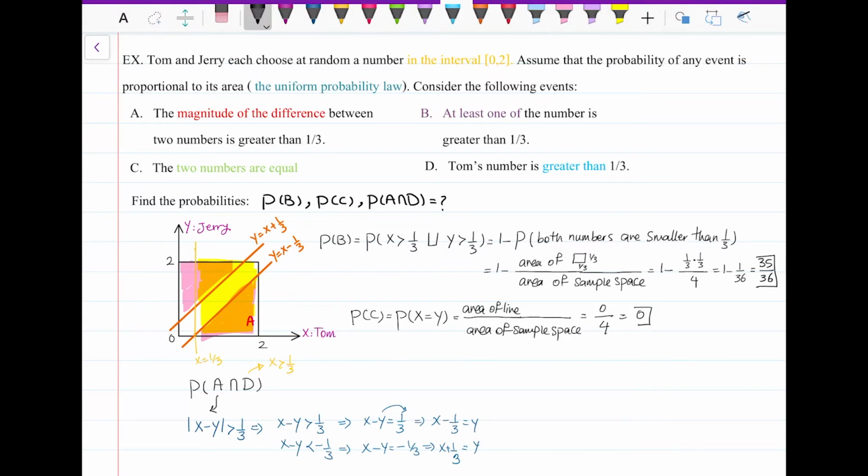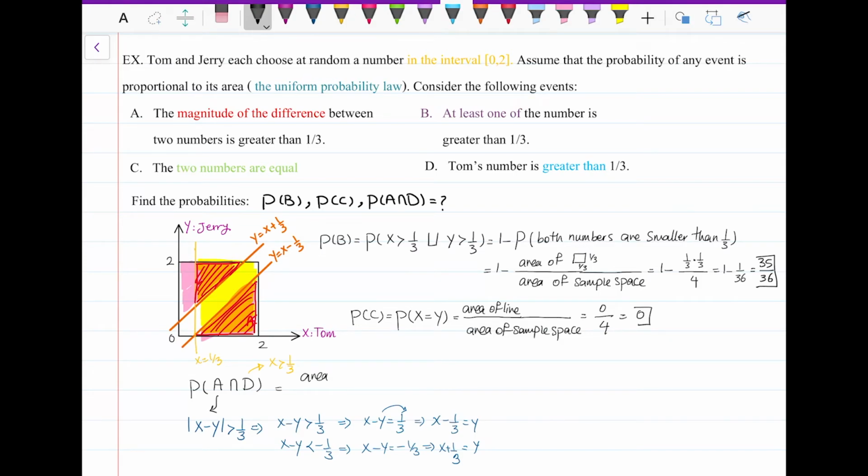Now I need to find the intersection. The intersection, as you see in here, would be the overlapping shaded area in both, which would be basically here and here in this rectangle. This is the shaded area. Okay, so I need to find the area in here over the area of the sample space.